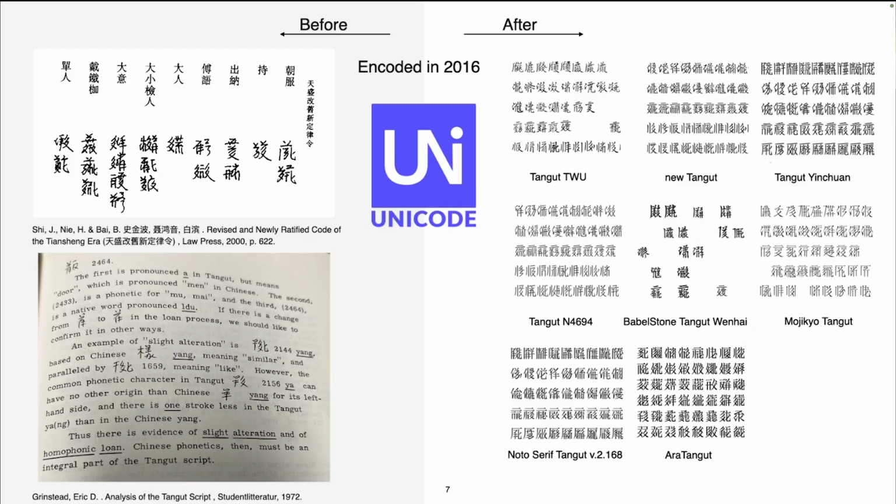The Tangut script was encoded in Unicode in 2016. Before that, Tangut characters were usually shown by handwritten copies using fonts which have their own code systems or occupy a private code point. After encoding, 8 Unicode-compliant Tangut typefaces have been developed.